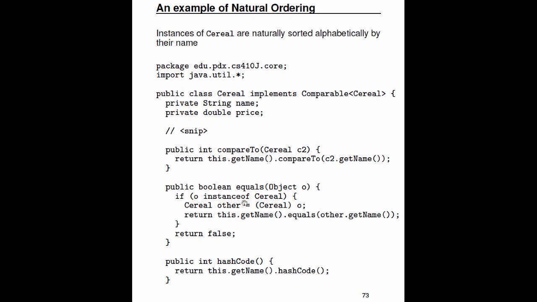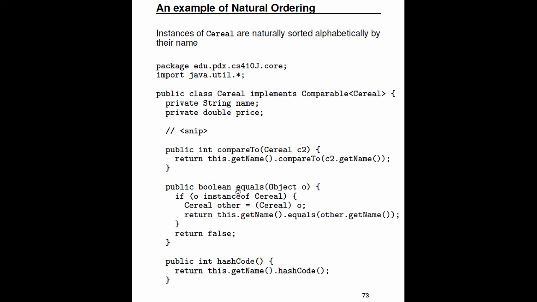First I say, well, if that object is another Cereal, then I'll compare it using its name. Otherwise, they're obviously not equal. So, I get another Cereal object, and I say, well, is my name, this.getName, the same as the other guy's name? If they are, then the two cereals should be considered equal.